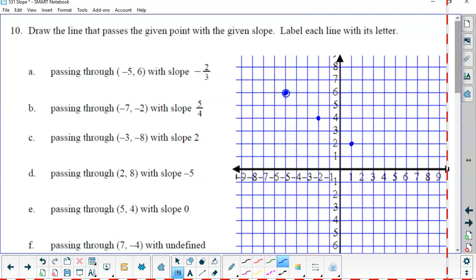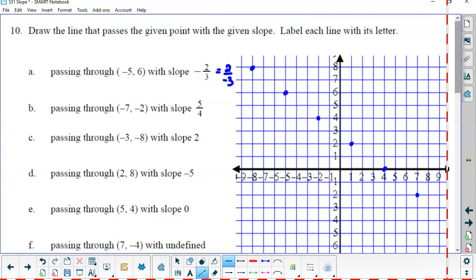Then 2 down, 3 to the right. Then 2 down, 3 to the right. You can even go up 2 to the left 3, because this is the same as 2 over -3. That's just not in proper form, right? But in the action of graphing, it's the same.